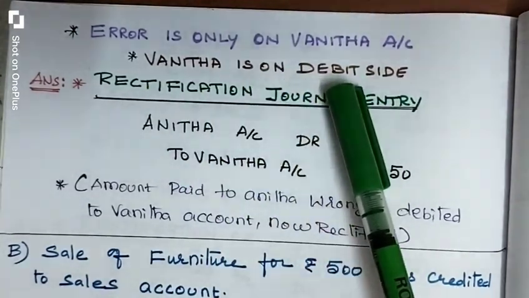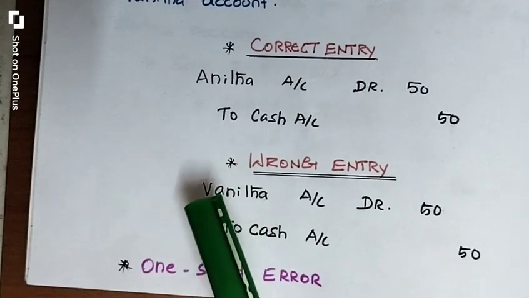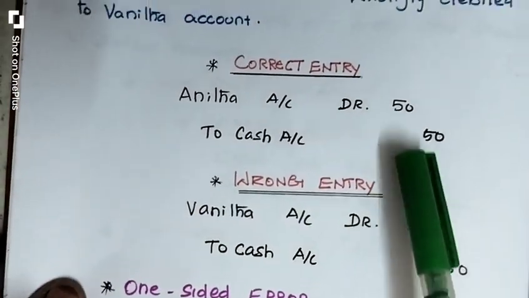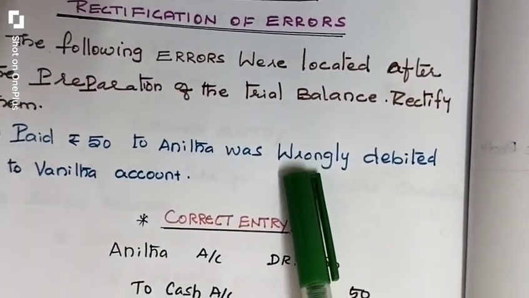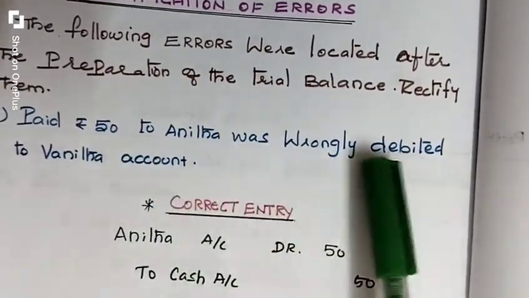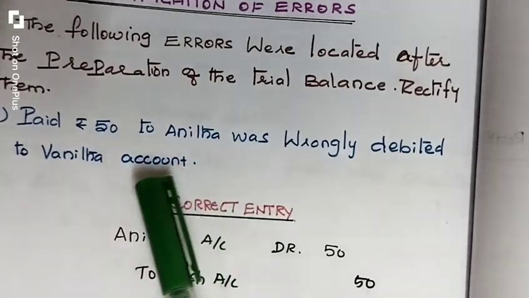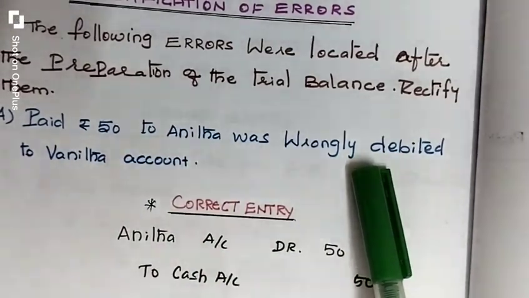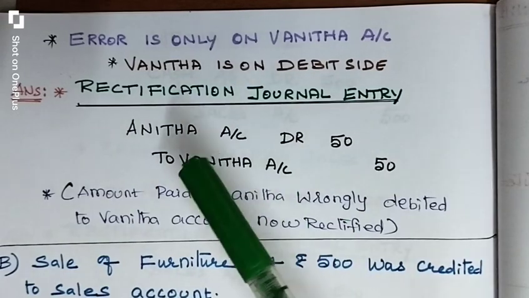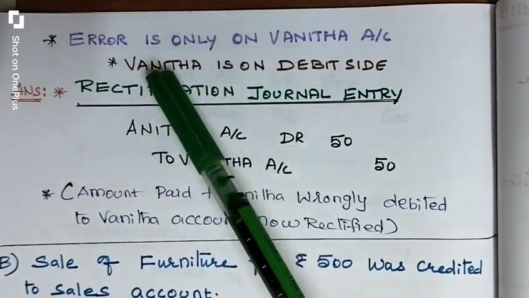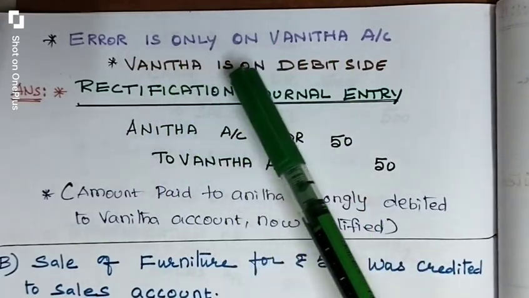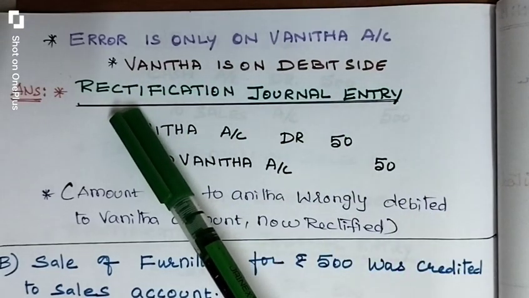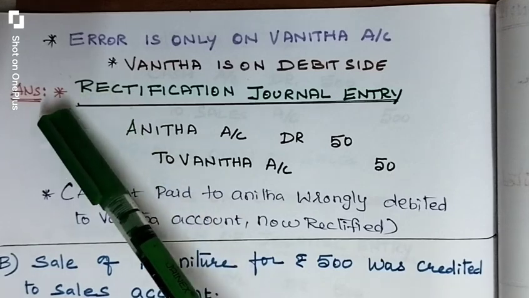Vanita account is on debit side, as the accountant entered it. Okay, we found the error. Now we need to rectify the error. So this is the answer.